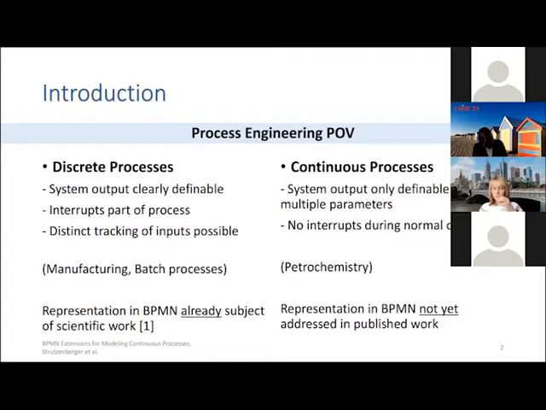Basically, continuous processes are characterized by a continuous process flow. Discrete processes, such as known from manufacturing, and also batch processes from chemical engineering, have already been subject of different scientific publications, but not continuous processes, which are known from, for example, the oil and gas industry.